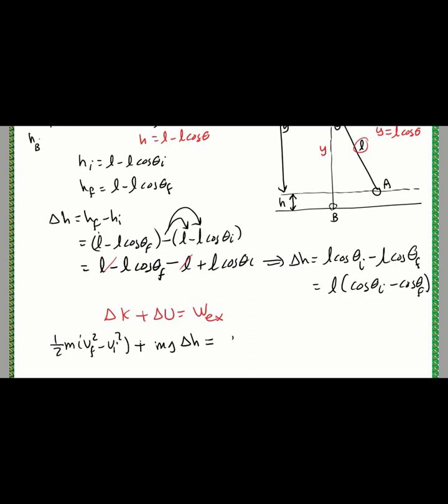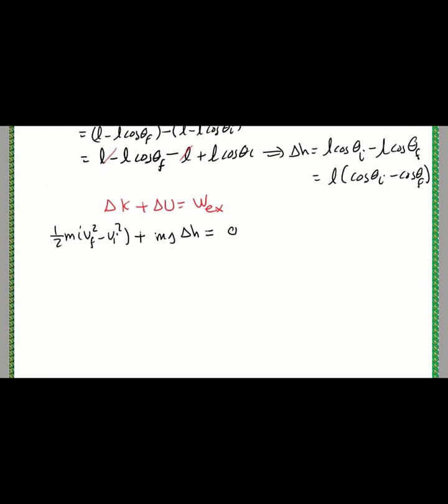External work is 0 for this question. Now you can multiply by 2 over m. You cancel 2 with 2 and m with m. Then V final squared minus V initial squared plus 2g delta h equals 0.